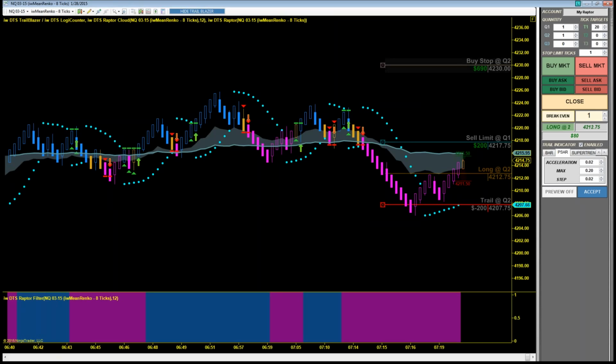If you're using the Trailblazer, you would right-click on your chart and you would enter your order. Now these orders are live the moment you put them on the chart, so I tend to place them away from where I want to enter, and then I roll them in.